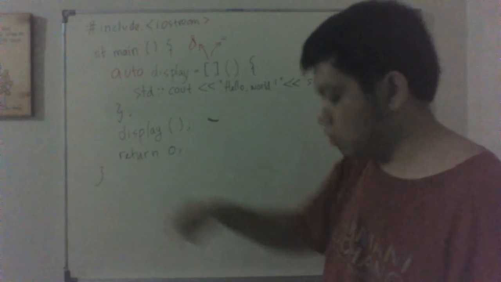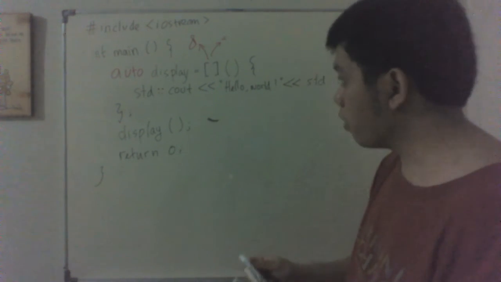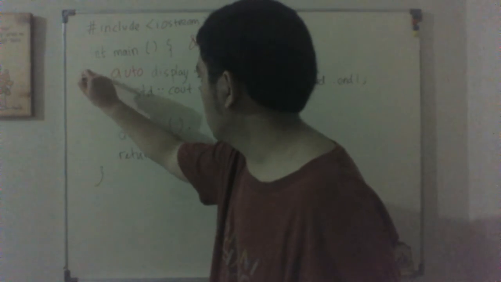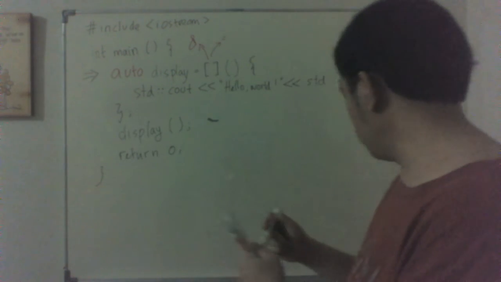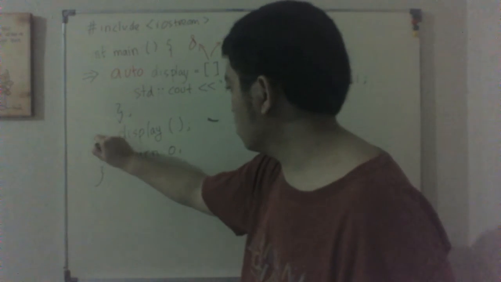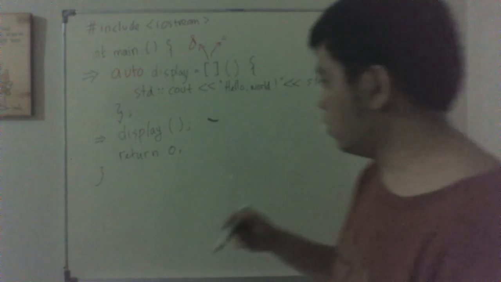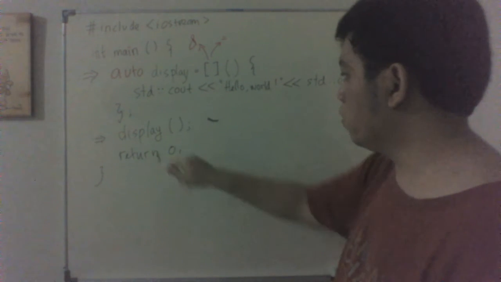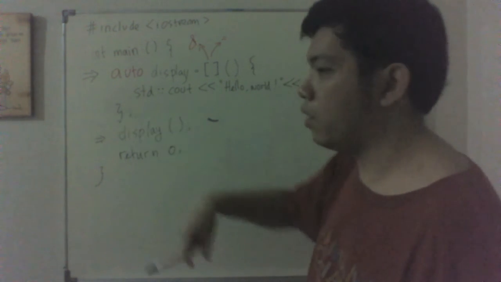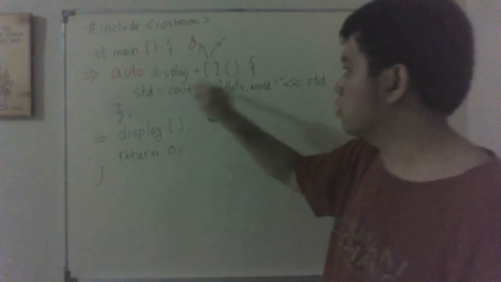So when we execute this, the program is actually like this. This is executed, right? Meaning we make the lambda, and then after that, we call the lambda. Logically, we go to the lambda itself, which is the body of the lambda instead of the declaration over here.